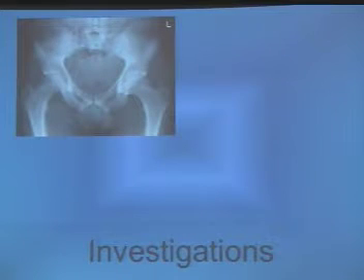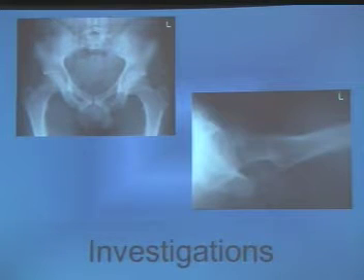The investigations are normal radiographs. Here again they are showing increased offset at the base of the head, which is again clearly demonstrated on the lateral radiograph.